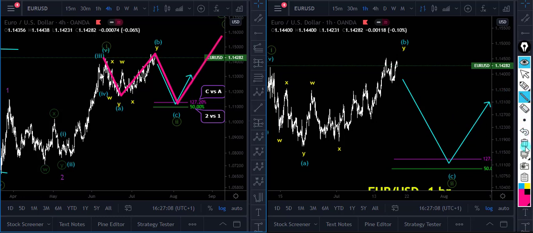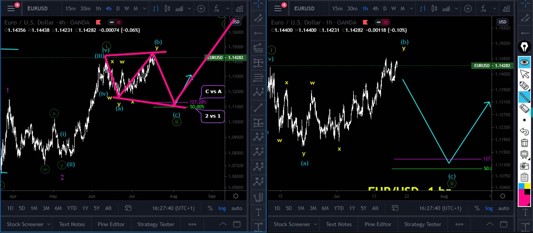With Euro USD, I'm having two fib clusters of C versus A and 2 versus 1. With C versus A, I'm looking at a 127% C versus A. So this is our wave A, this is our wave B, and we are looking at getting an expanding flat like this before the trend continues.